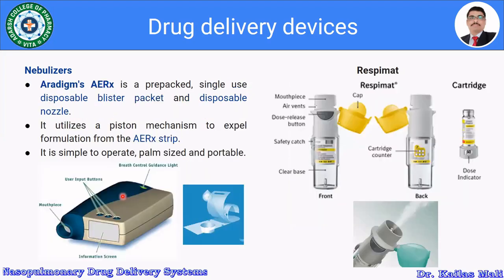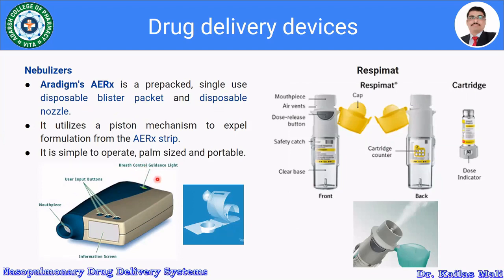Let us see another nebulizer, that is Aradigum's ERX, which uses a pre-packed single-use disposable blister packet and a disposable nozzle. This device comprises the information screen, the mouthpiece, the user input buttons and a breath control guidance light.